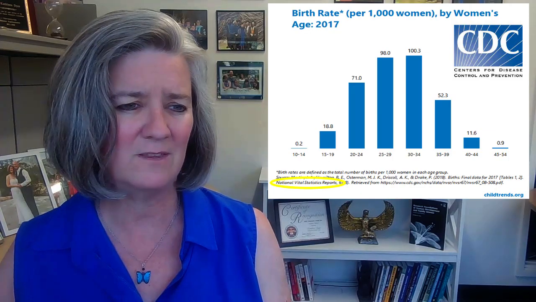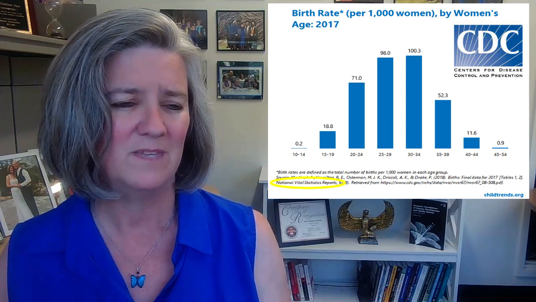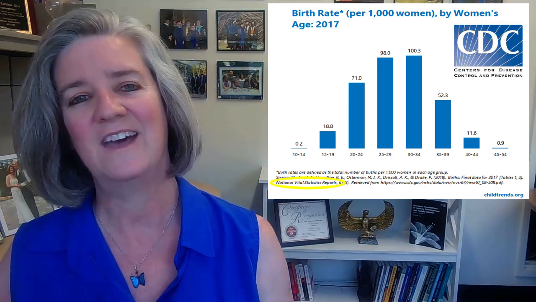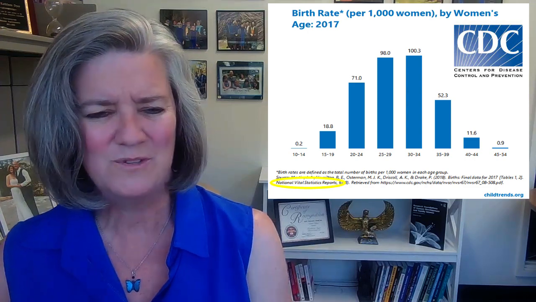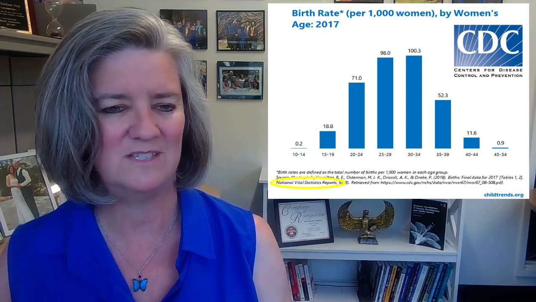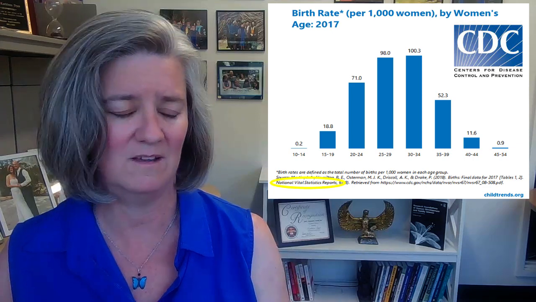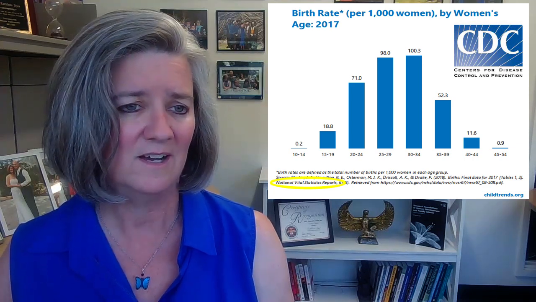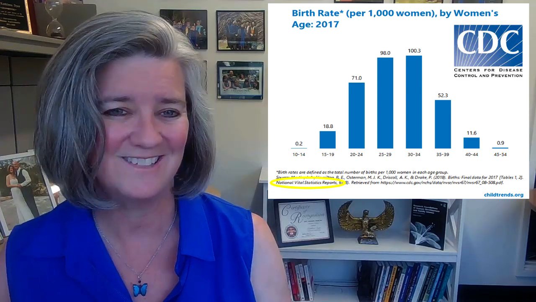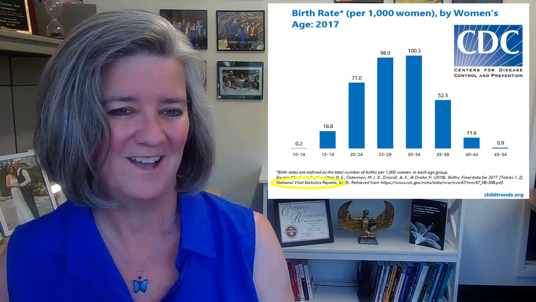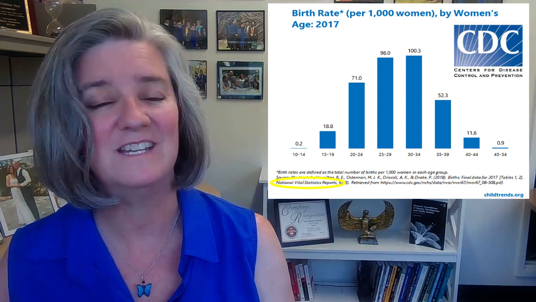And despite the fact that we hear a lot about young teenage mothers and older, even postmenopausal women having babies, you can see those rates are actually quite low. Most babies are being born when their moms are in their 20s or 30s, which I guess is what we should expect. But that data comes from the CDC.